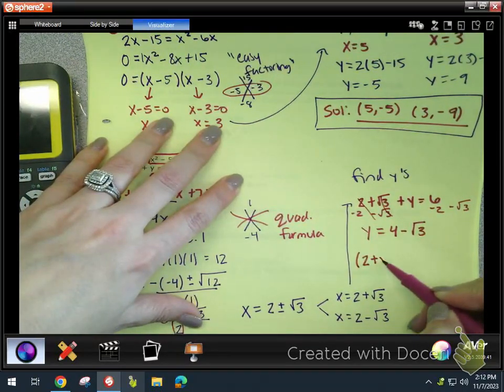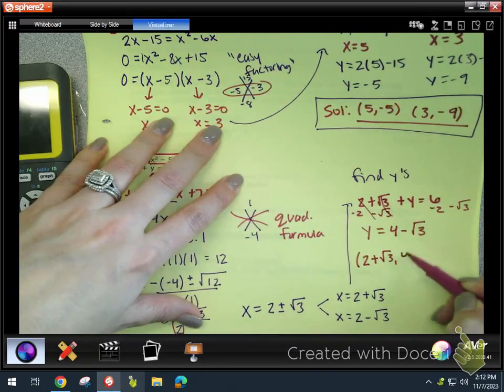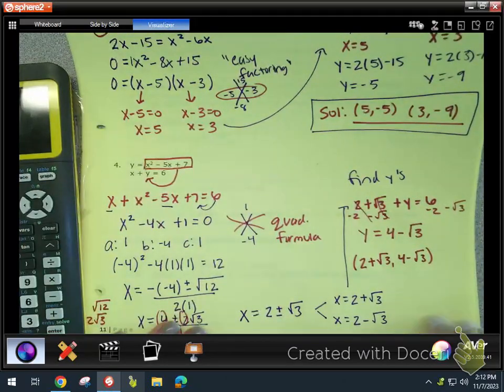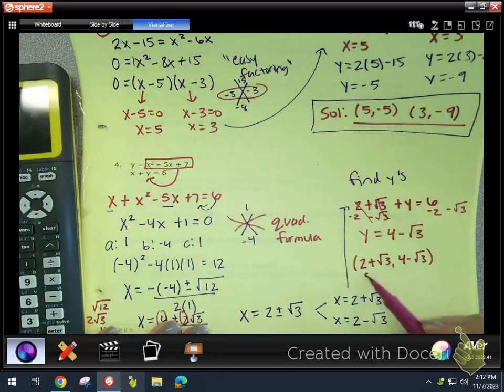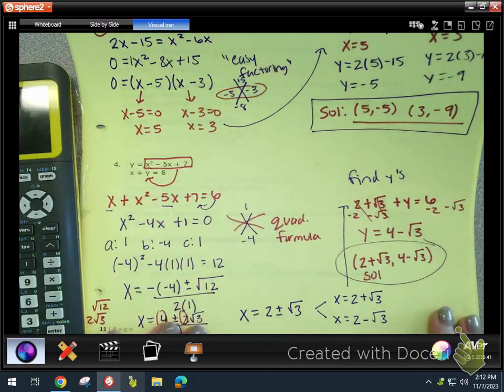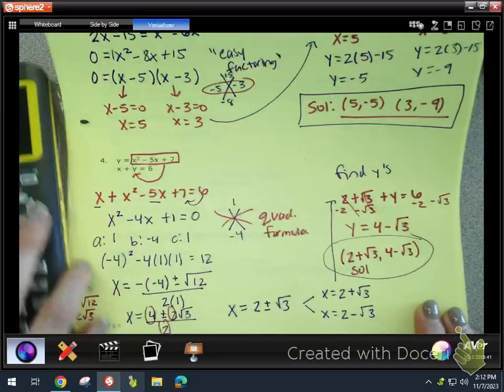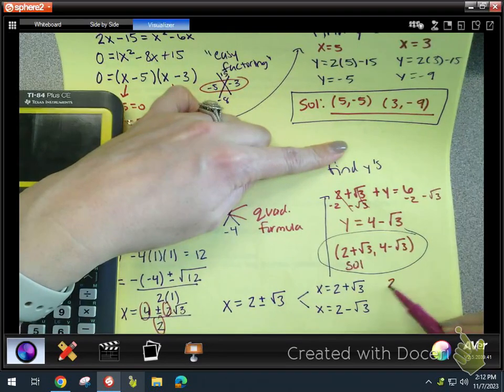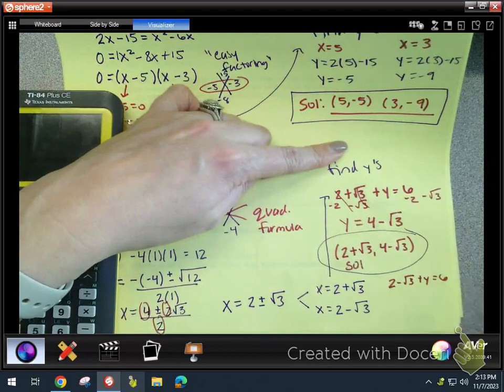2 plus square root 3, 4 minus square root 3. It's a number. It's a point. It ain't pretty, but that is one of your solutions. Okay, I'm running out of room for the other one. I'll figure it out. So we'll do this one: 2 minus square root 3 plus y equals 6.